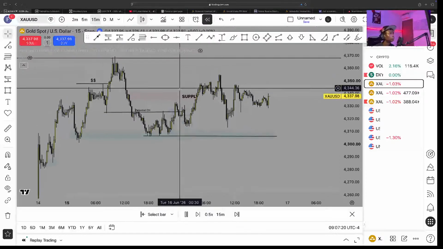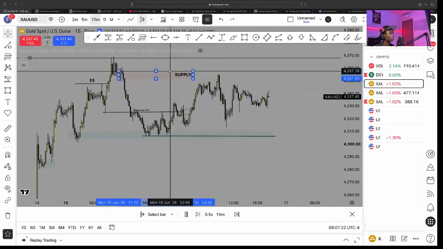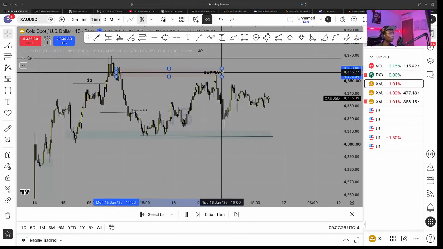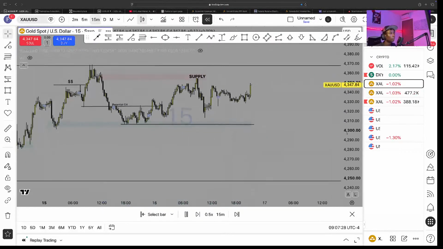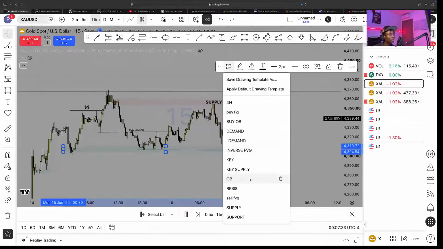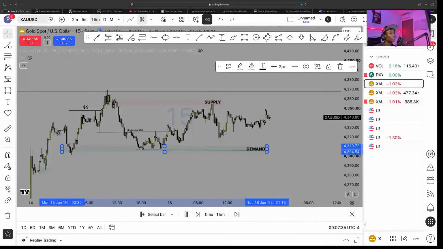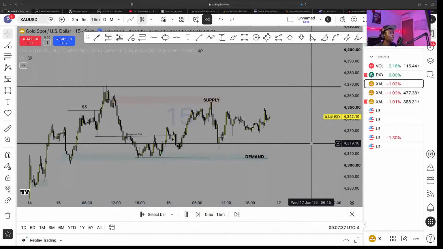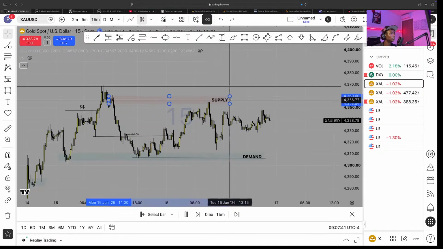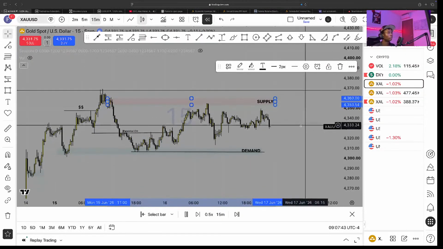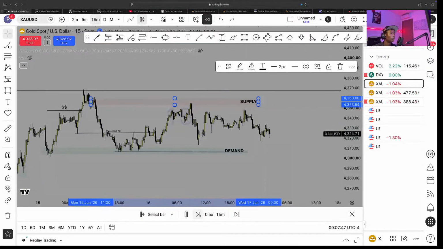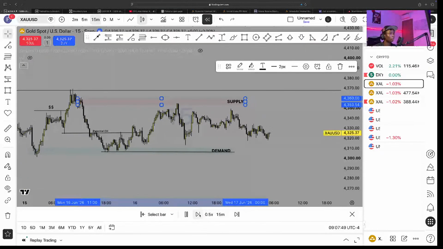So I just need to take this to this next supply. There is supply here. Supply and demand is the easiest concept, because when demand is out, supply will take over.